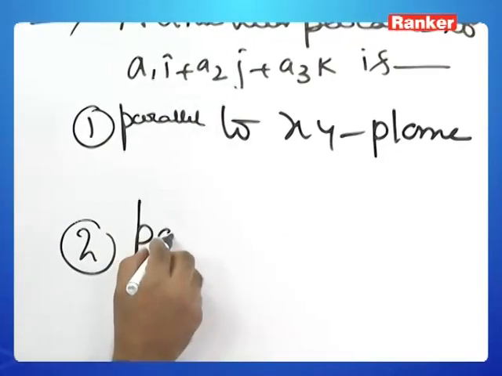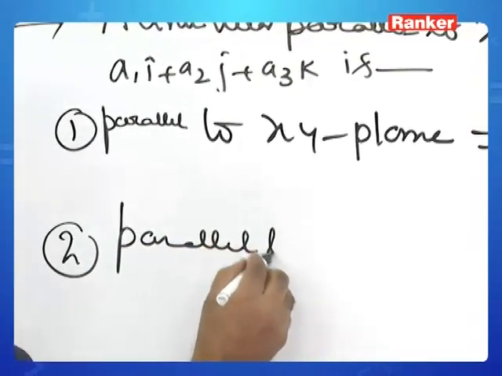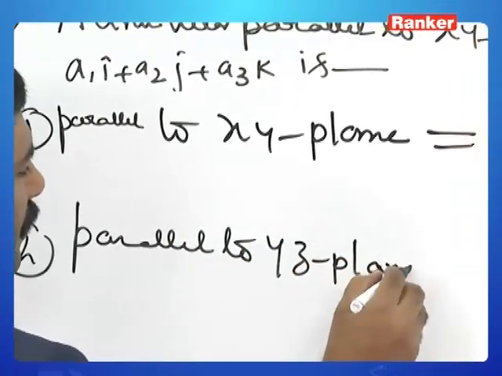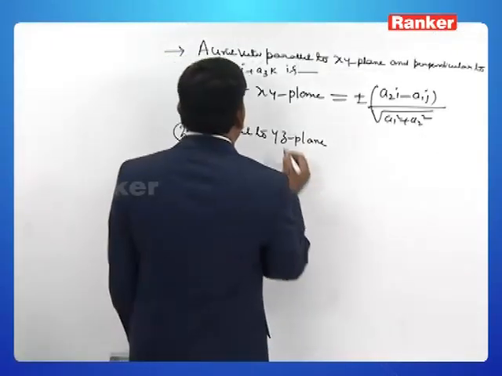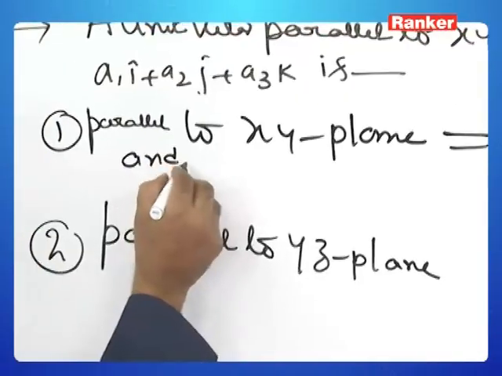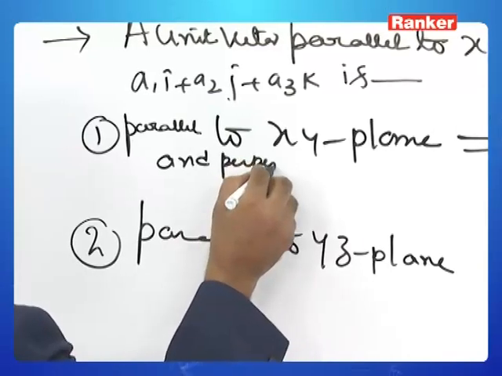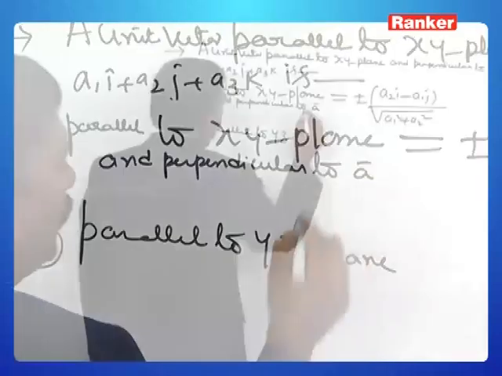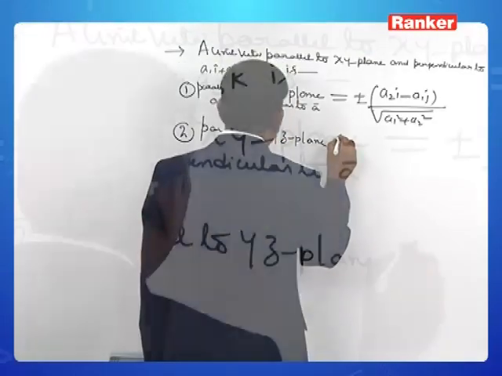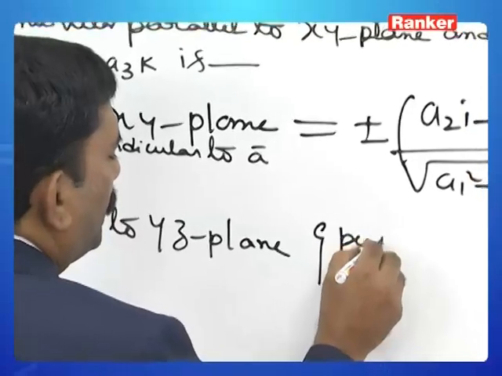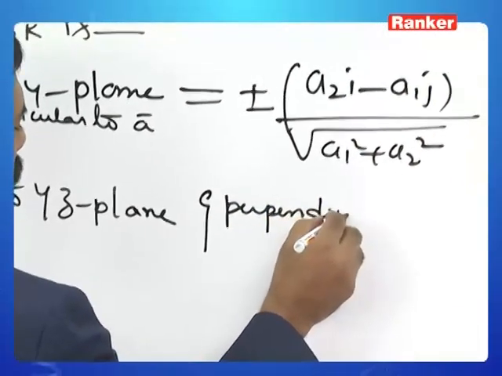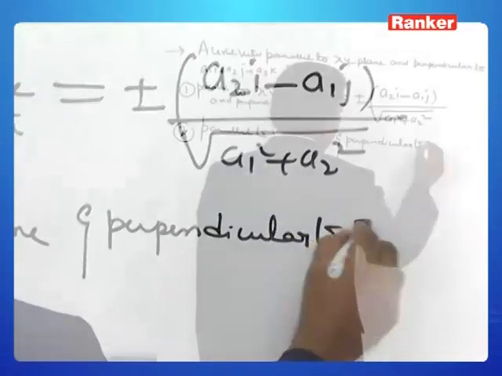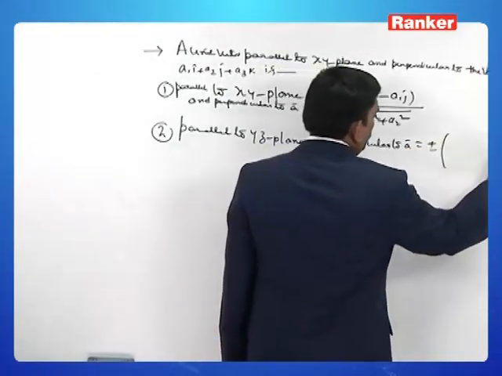Next, parallel to yz plane and perpendicular to a bar is plus or minus.